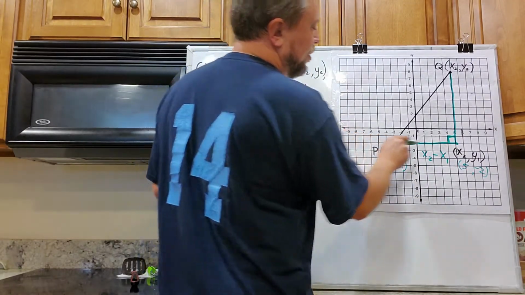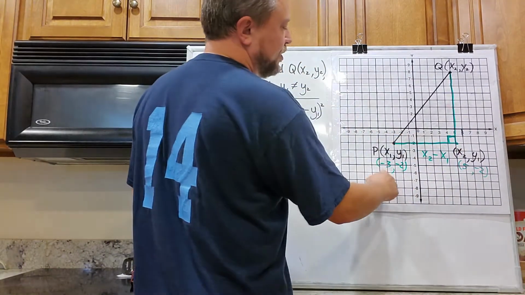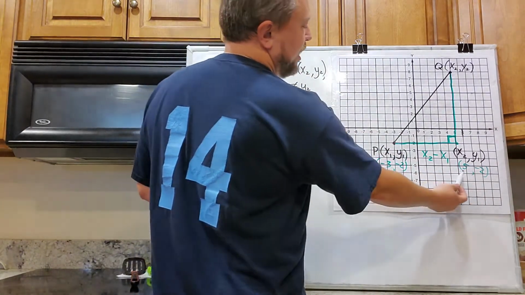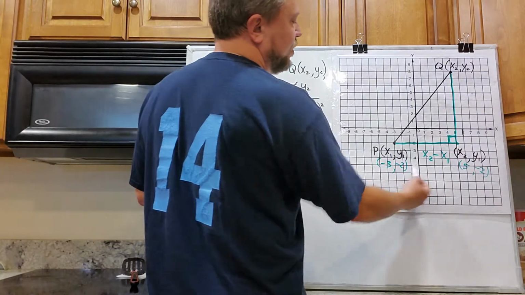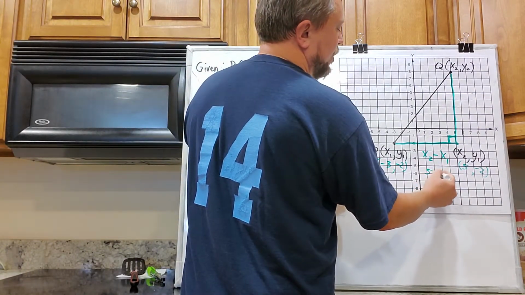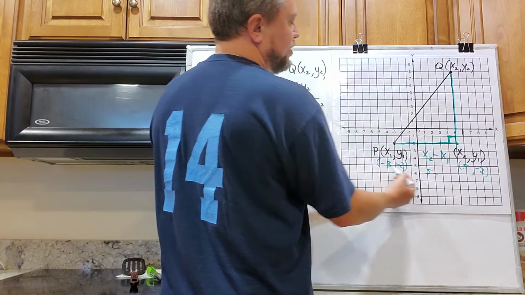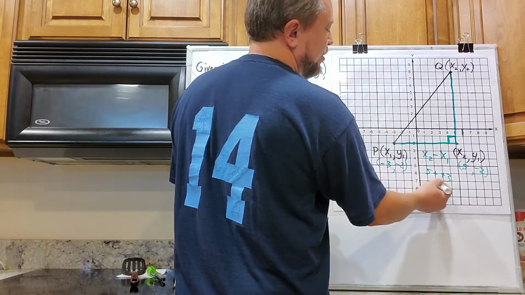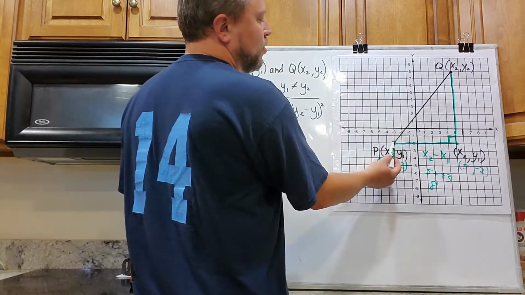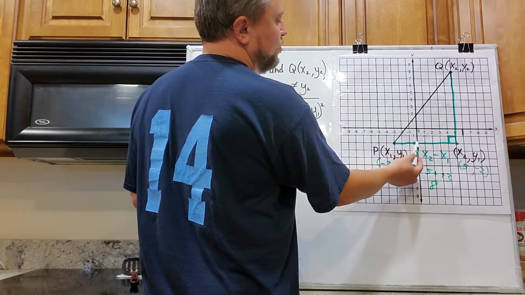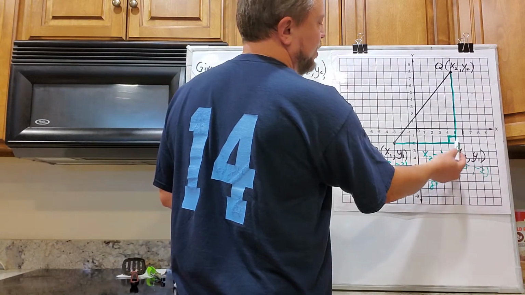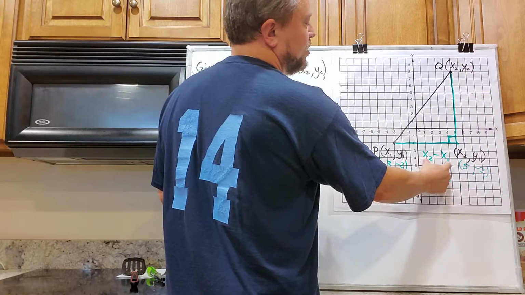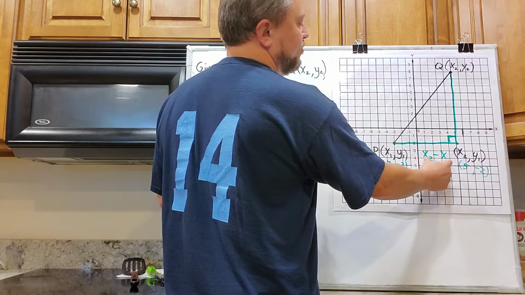So if we had a segment running perfectly horizontal with these coordinates, since the -2 stays the same, all we really had to do was take the 5 and the -3 and subtract them from one another. So 5 minus the -3 creates a double negative, plus a positive. So that's 8 units. Or see it? 1, 2, 3, 4, 5, 6, 7, 8. So again, I get that distance by subtracting the two x values.